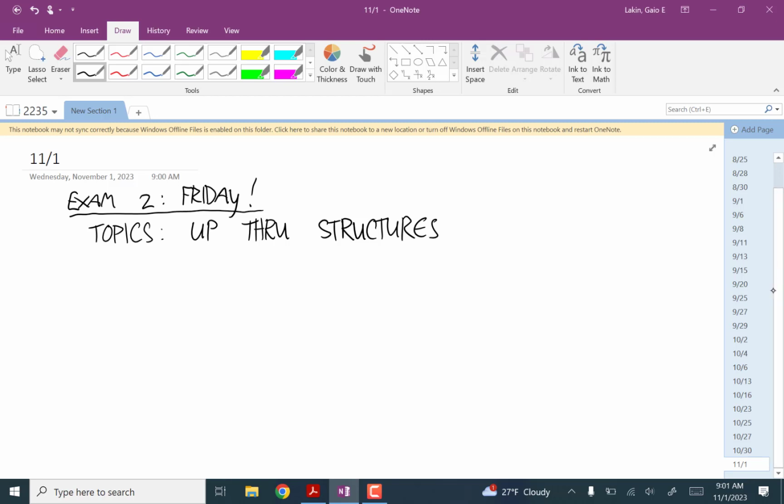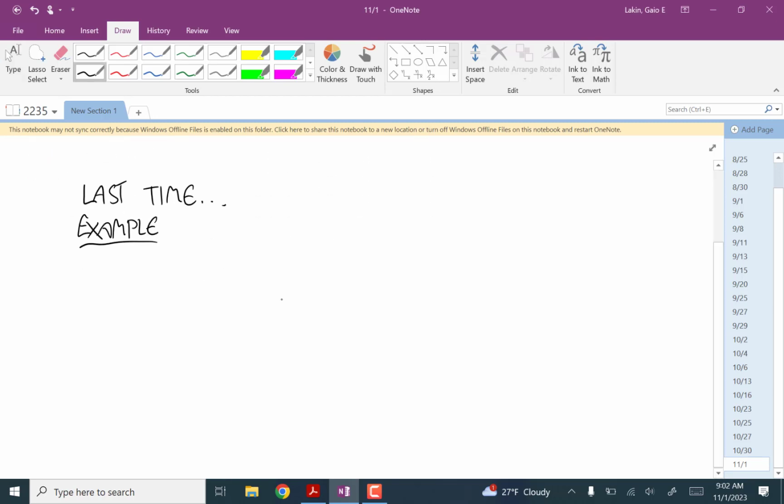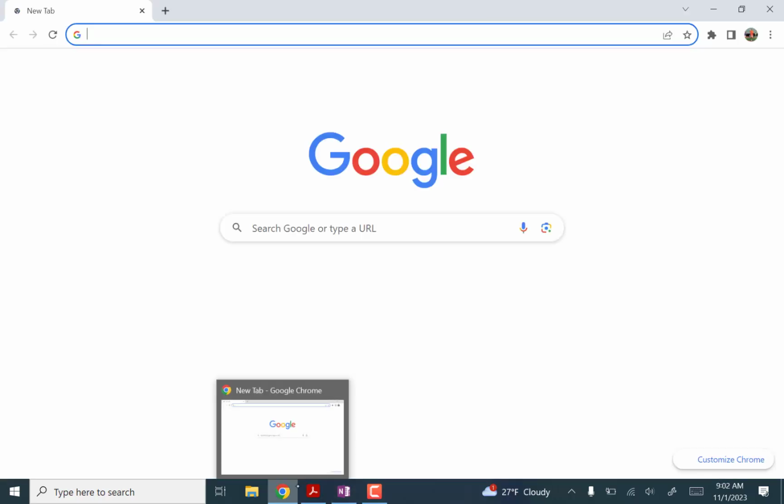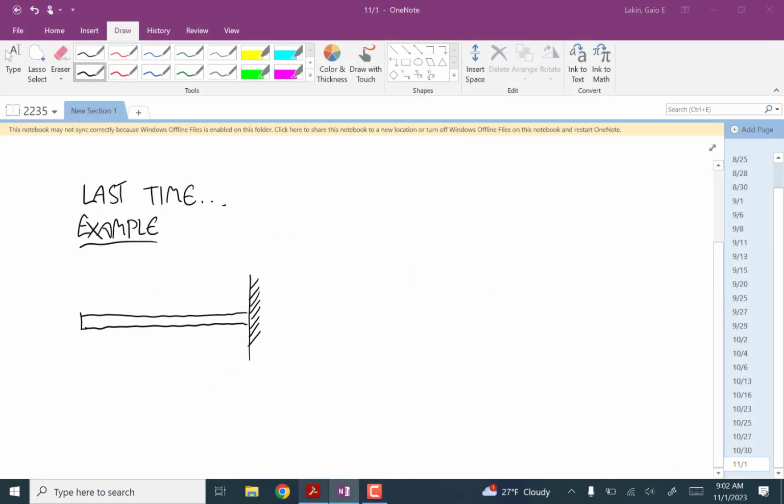So last time I brought up this problem. We had a beam. It's a cantilever connected to the wall at the right side. And, whoops, not that. This.